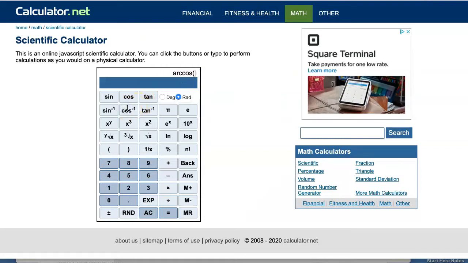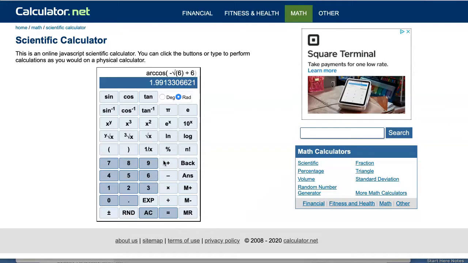I apologize. Square root, I finally just used my keyboard, wasn't that a good idea? Divided by 6. Okay, that is 1.99133.